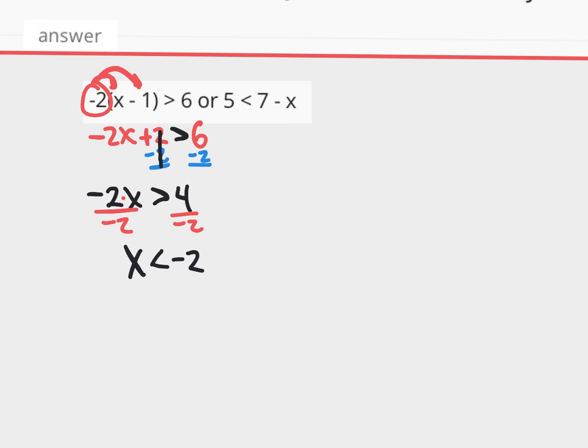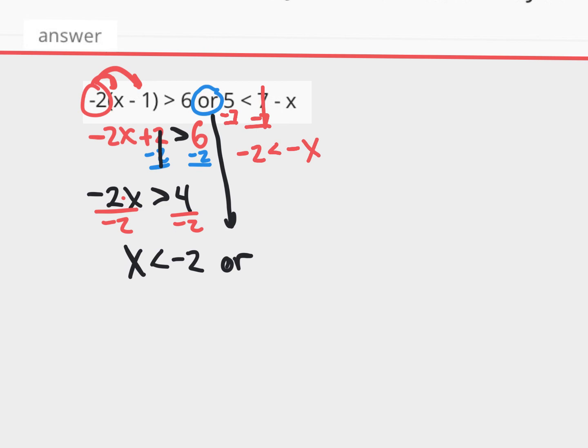Now we do have the word "or" up here, so I'm going to take that word "or" and put it down here right next to that answer. Now I'm going to solve this one over here. x is clearly on the right side of this inequality, so I need to get rid of the 7 first by subtracting 7 and subtracting 7. That will give me -2 on the left side, less than symbol, -x on the right side.